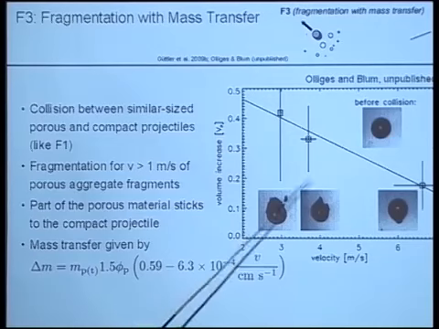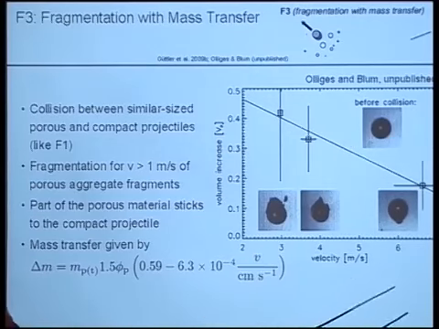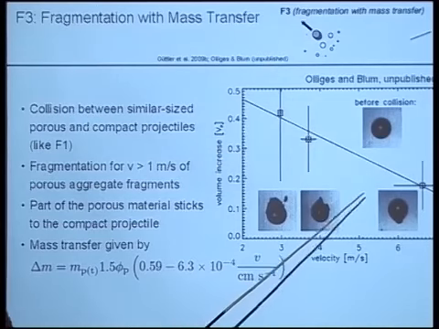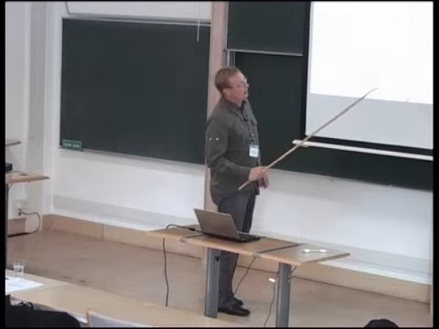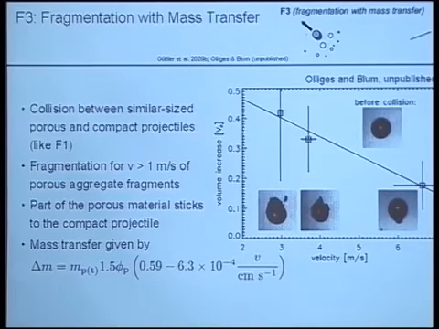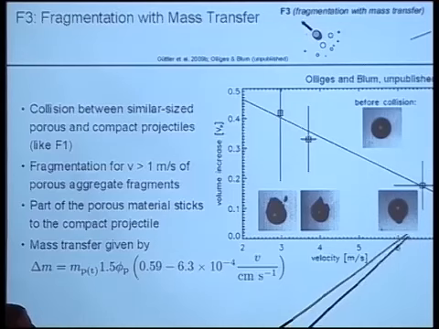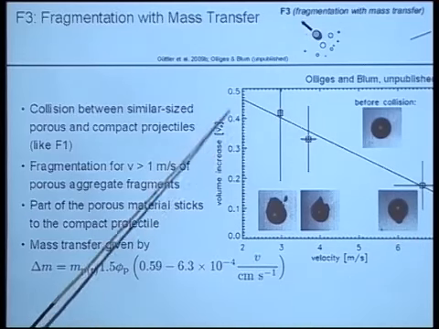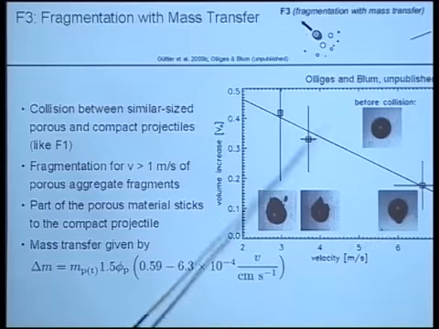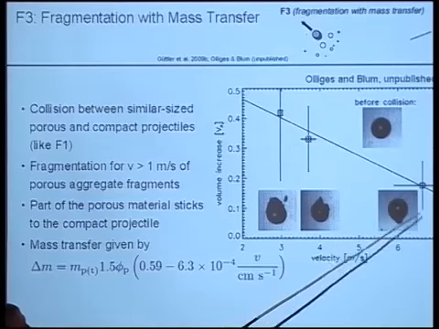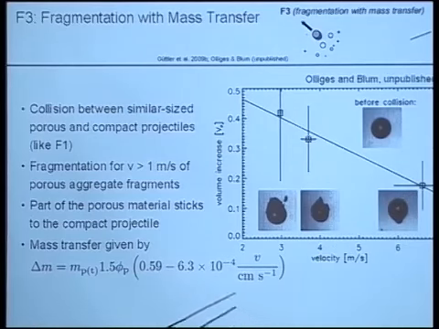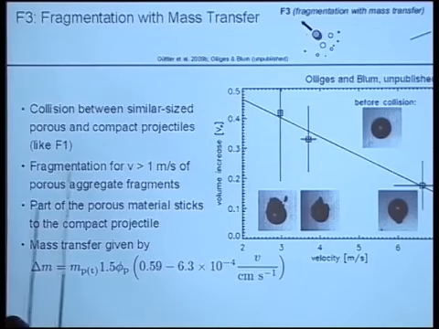You can see that this is the projectile, a glass bead hitting a highly porous dust aggregate, and after the collision, the dust aggregate was gone, was fragmenting, but part of the mass stuck to the projectile, and as a function of velocity, the volume increase was decreasing. So the higher the impact velocity, the less mass stuck to the projectile. And this can be given in a formula.